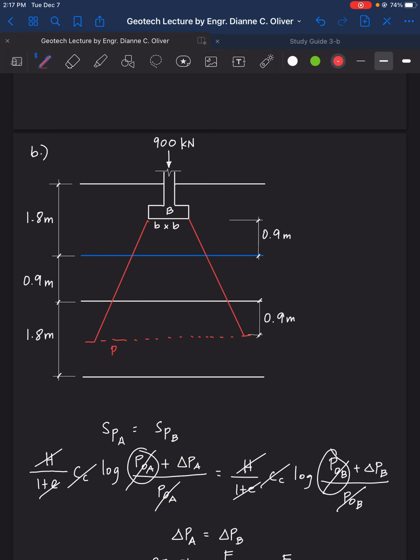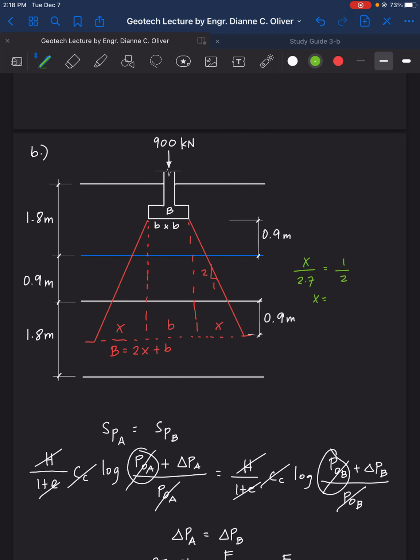So what is B here? Twice of X, remember? Okay. So this is 1, 2. So this is B. And this is X and X. Twice of X plus B. And what is our X here? So again, that is X over 2.7 equals 1 over 2.